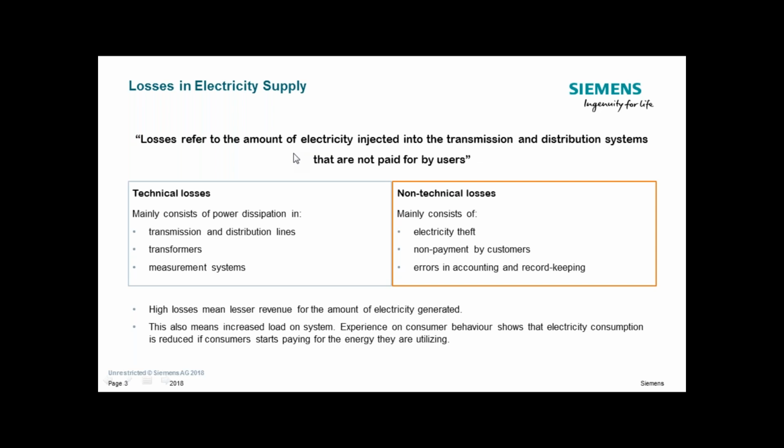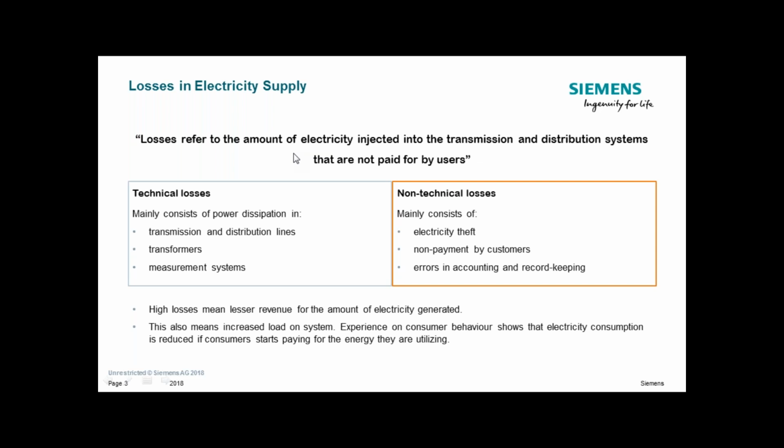High losses mean you have less revenue for the amount of electricity generated.